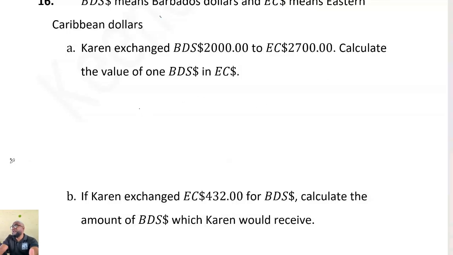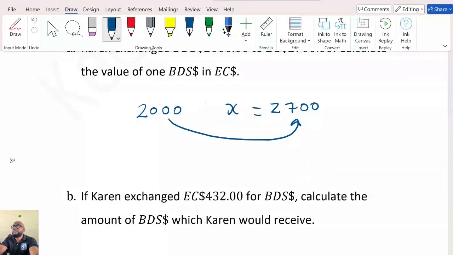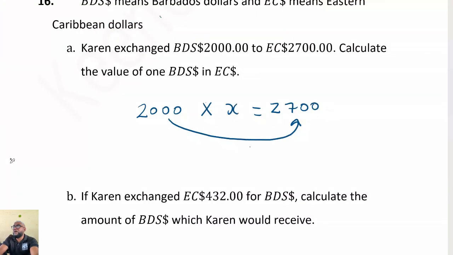So it's basically like 2,000 multiplied by something, let's call it X, is equal to 2,700, right? So to find out what this exchange rate is, you need to take this 2,000 and do what with it on the side? What's the opposite of multiply? Divide, right? So you're doing the opposite of multiply on that side.